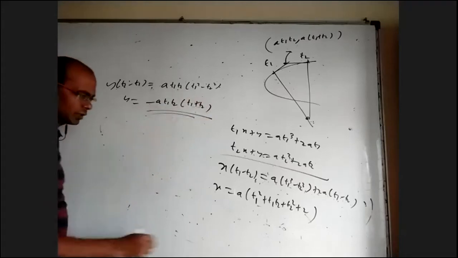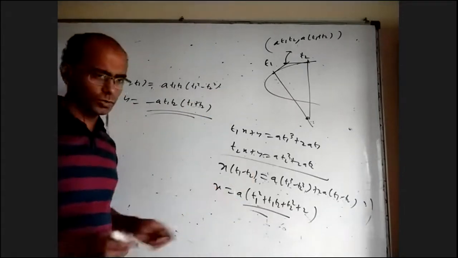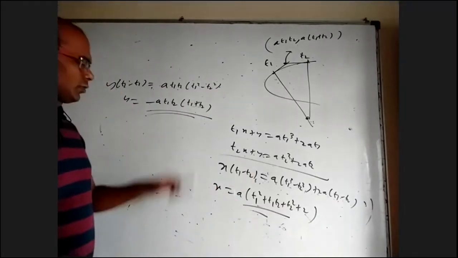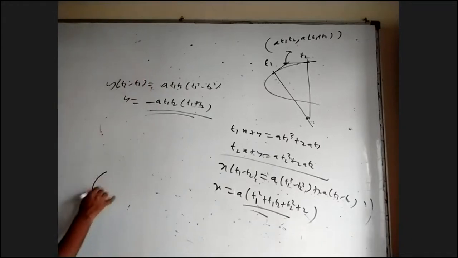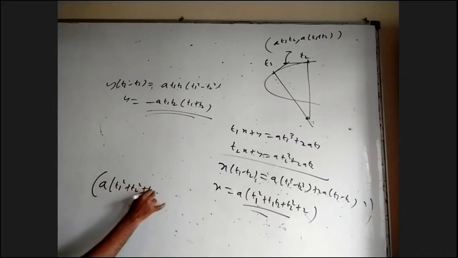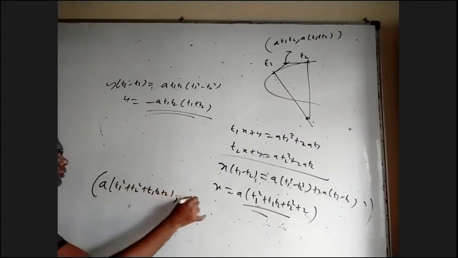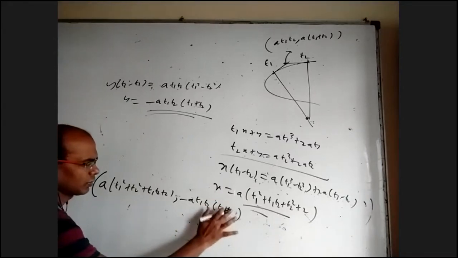This is the y coordinate, this is the x coordinate: a into T1 square plus T2 square plus T1 T2 plus 2, and minus a T1 T2 into T1 plus T2. This is the point of intersection of the normals at T1 and T2. Okay, but we use it quite rarely.